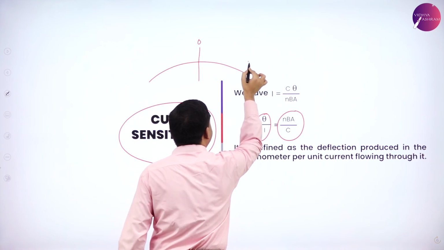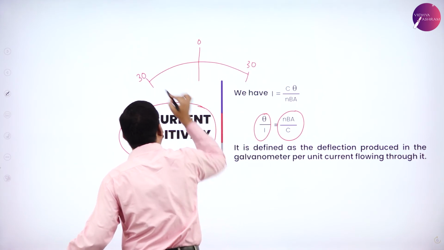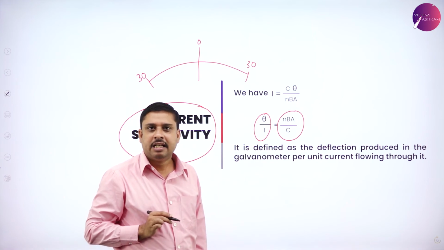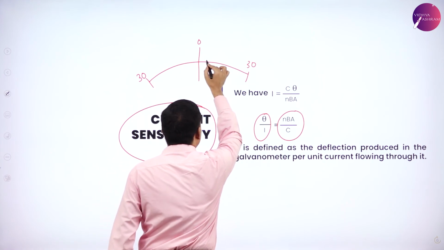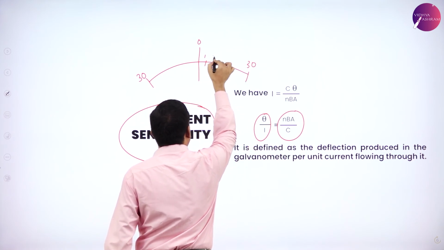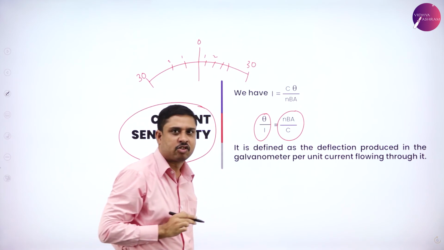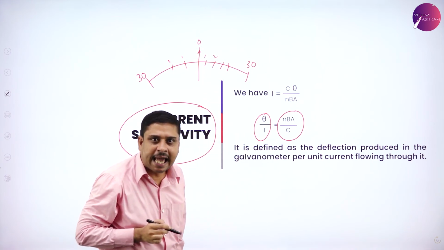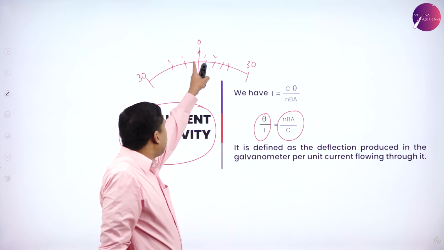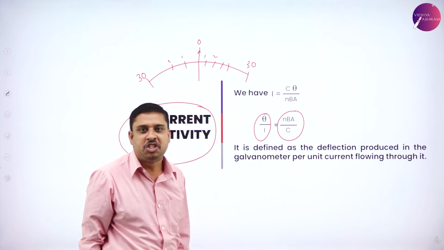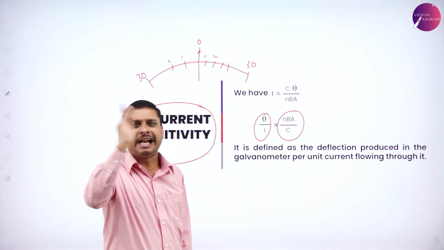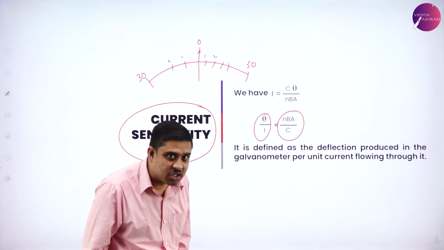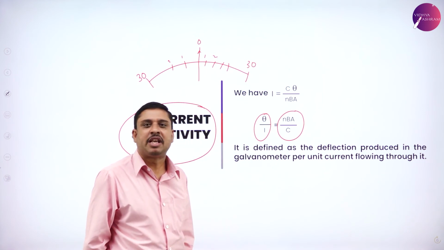And you know, there are 0 to 30 divisions on either end of a galvanometer. 1, 2, 3, 4, etc. Again 1, 2, 3, 4, etc. If the pointer of the galvanometer has to move by one division, from 0 to 1 or 10 to 11 or 29 to 30, some amount of current is required.